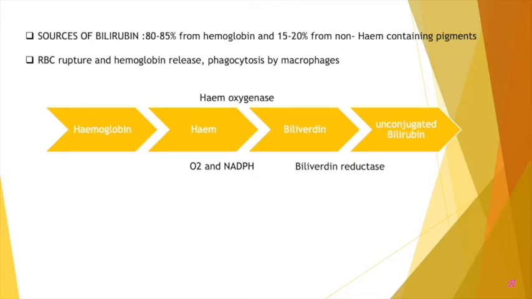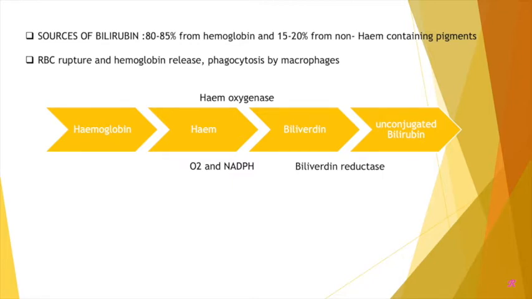It is coming from the non-heme containing pigments, that is, pigments which do not contain iron. Some examples are myoglobin, cytochromes and catalases.